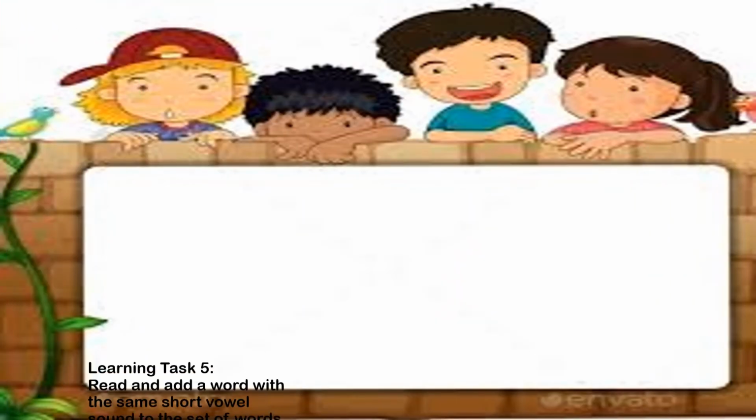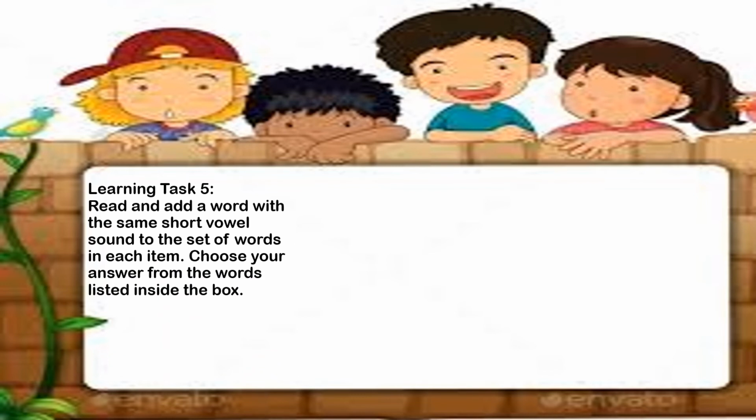Let's go to learning task 5. You are going to read and add a word with the same short vowel sound to the set of words in each item. Choose your answer from the words listed inside the box. Okay, you're going to choose here.